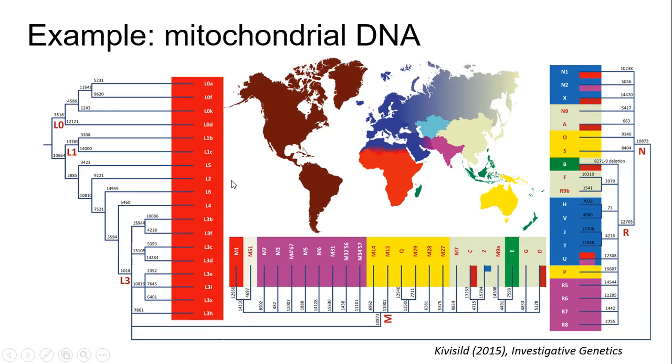So the red parts of the tree are the oldest groups of people. Because of the human origin in Africa, you can find the oldest lineages on that continent.